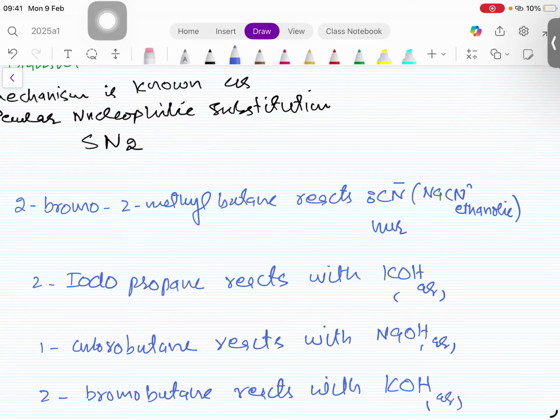You have to write these 3 reactions and their mechanisms, and you have to decide which type of mechanism you are going to follow.